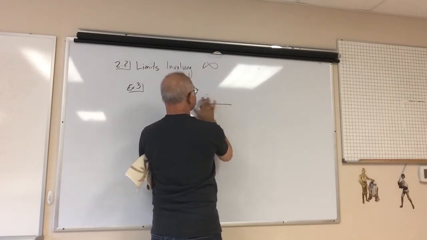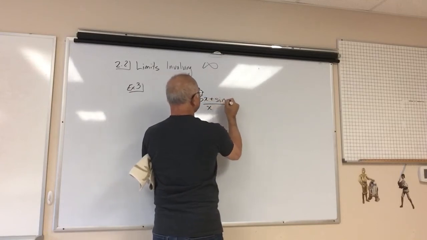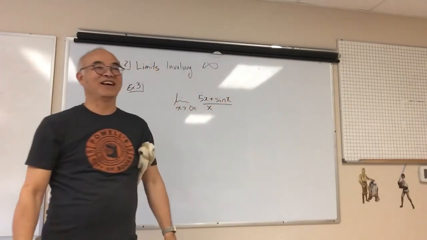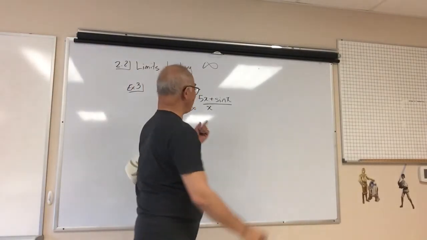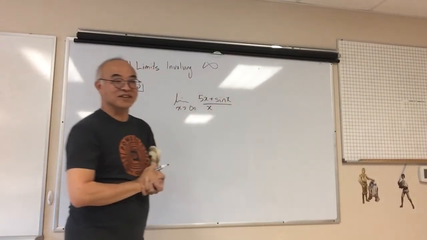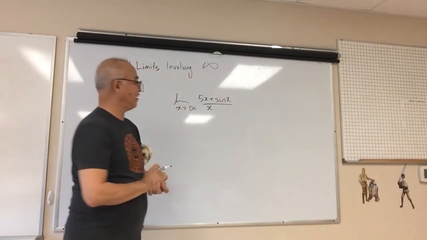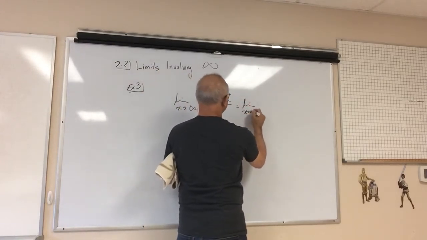Just in case Tanvir didn't get his fill of this, we're going to do it one more time. It's a little different, right? Now it's not just this, it is this plus this, as x approaches infinity.